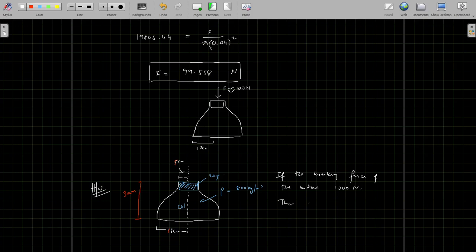Then find the force with which, when the cap is being hit, it will break the vessel bottom. So do this as a homework.